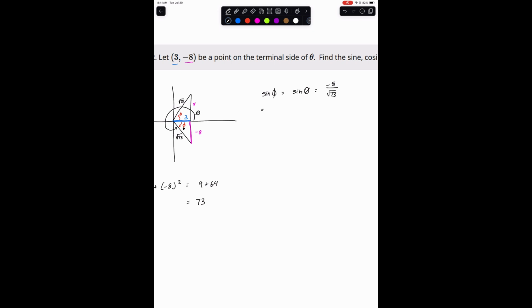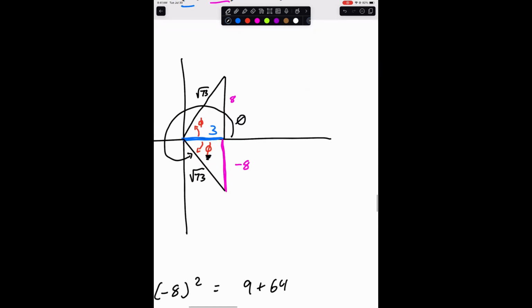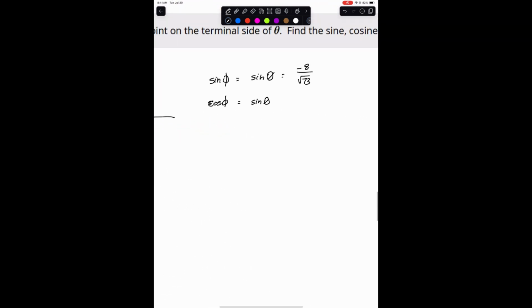My cosine of phi equals cosine of theta, which is positive 3 over square root 73.